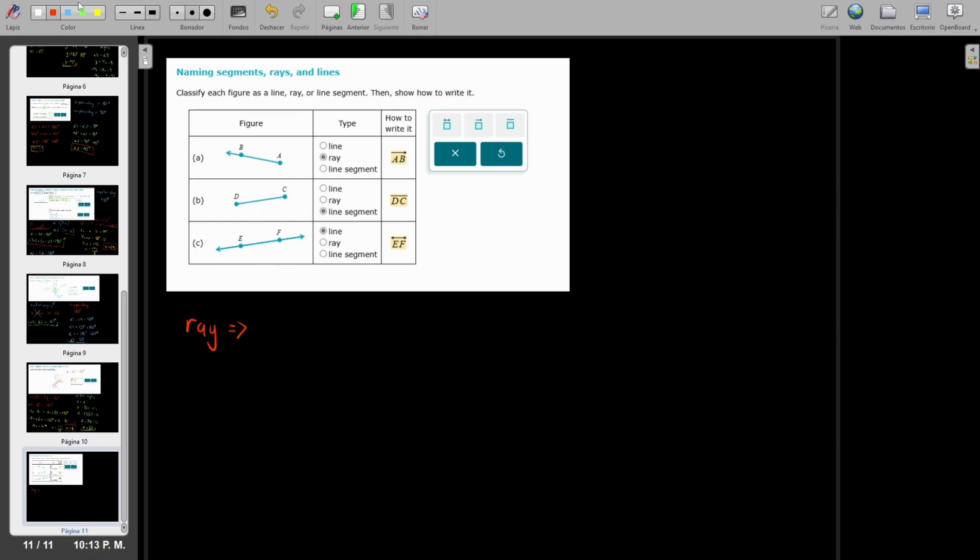It's going to have a starting point and passes through a point. That is a ray.